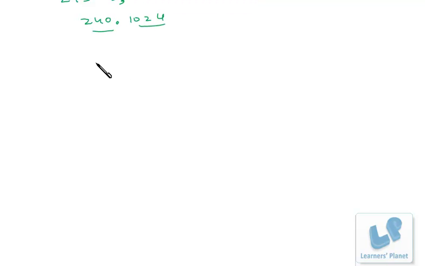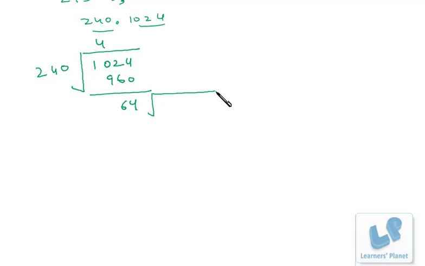So it's 1024 divided by 240. So it's 960. We got 64 as remainder. Further we would divide. So 64 threes are 192.